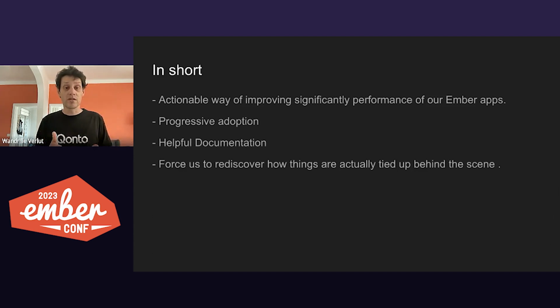The documentation is really getting better, and after 4 years, it covers extensively the migration process and issues that may come around. Lastly, it was for us a great opportunity as we rediscovered how things are actually tied up behind the scenes.